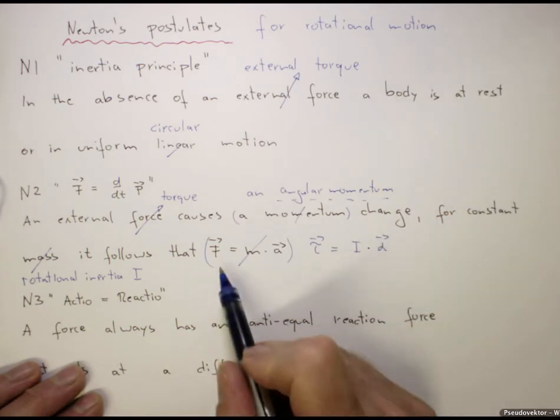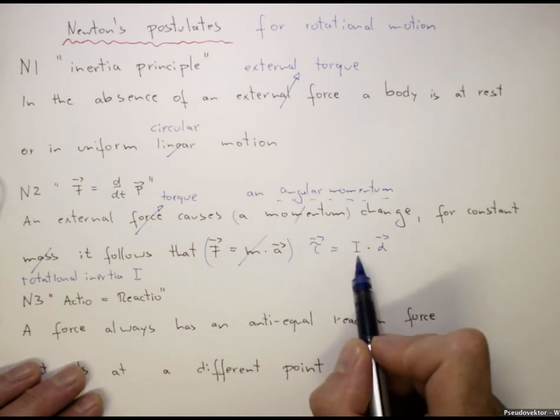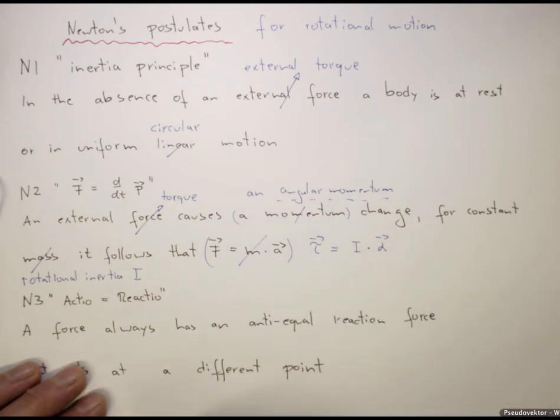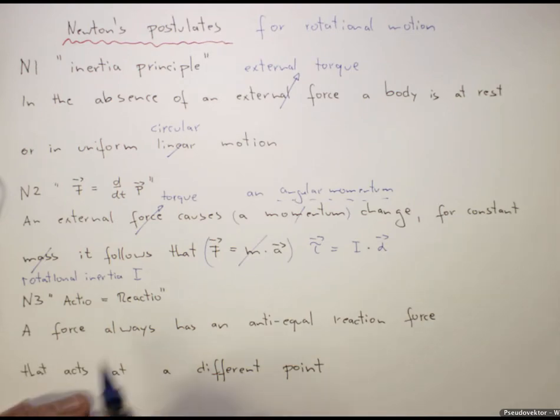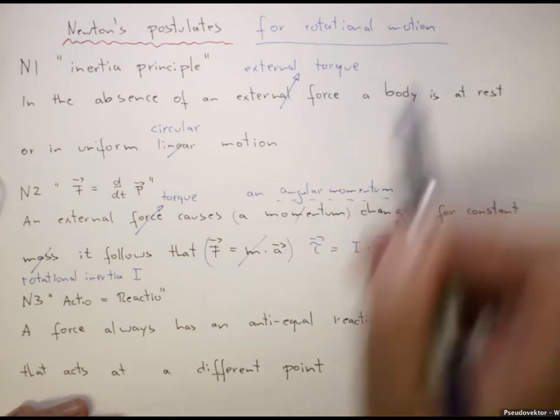So torque takes the place of force, moment of inertia takes the place of mass, and alpha, the angular acceleration, takes the place of the linear acceleration a. That's the second Newton law for rotational motion.